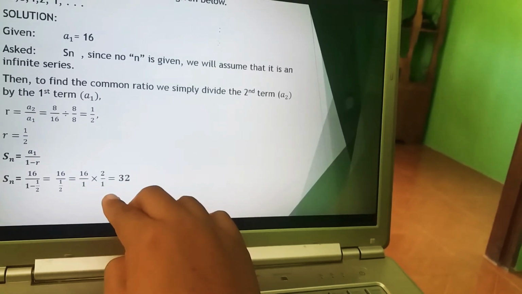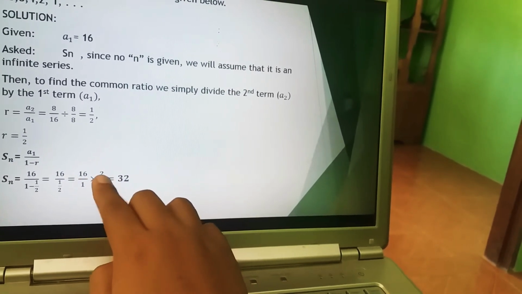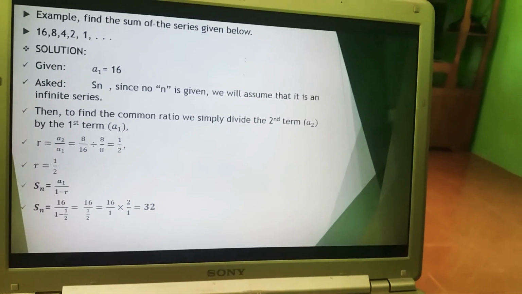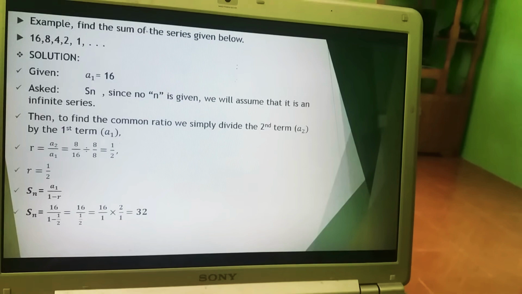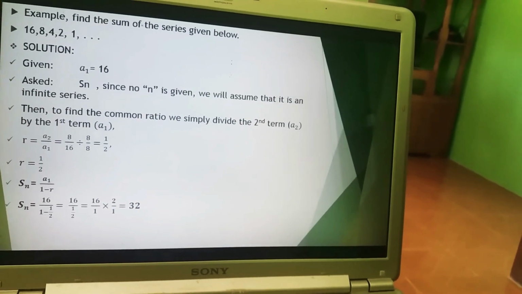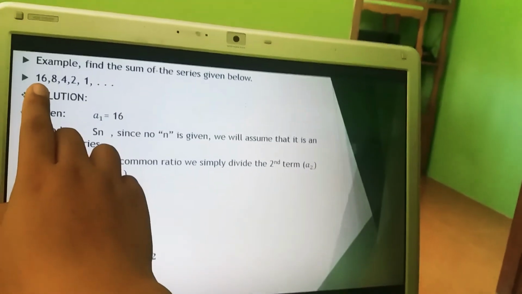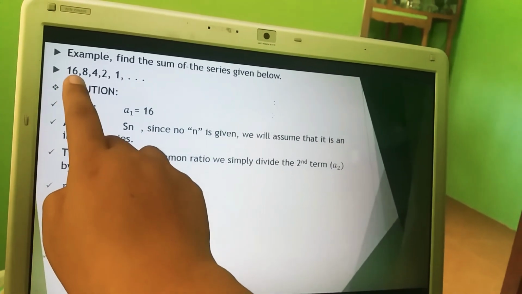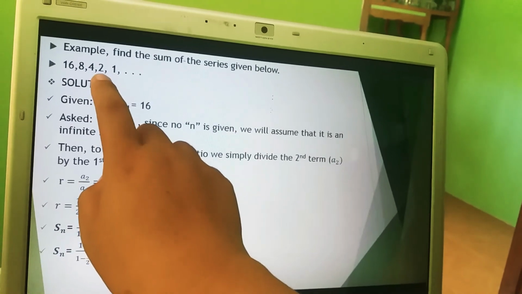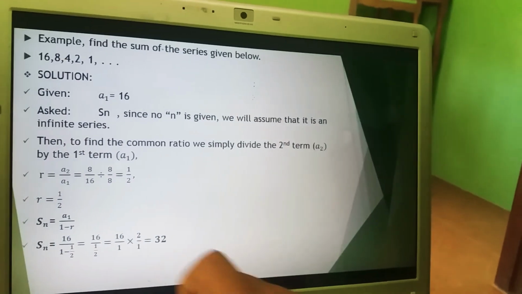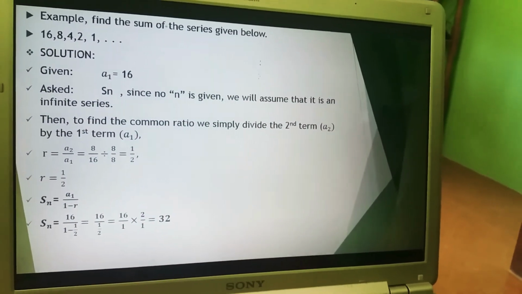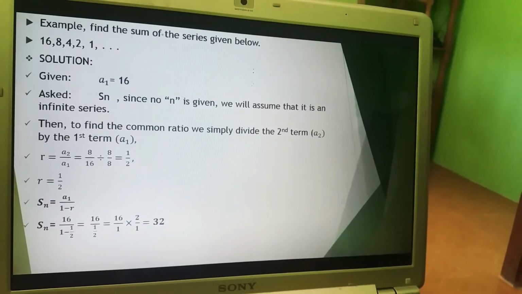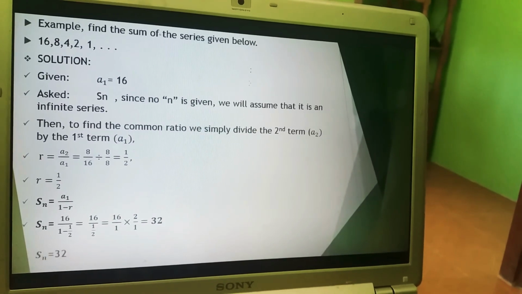And simply this is 16 times 2, that is equal to 32. And the sum of all the numbers in the series is 32. As you can see, if we will manually add these 16, 8, 4, 2, and 1, it will be equal to 32. Okay? So let's have another type of series.